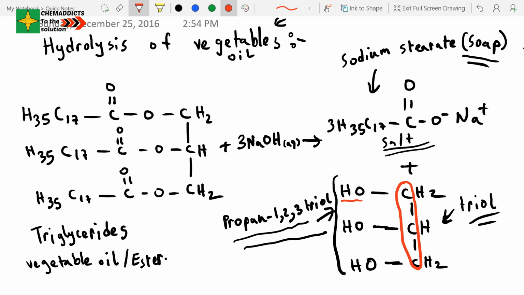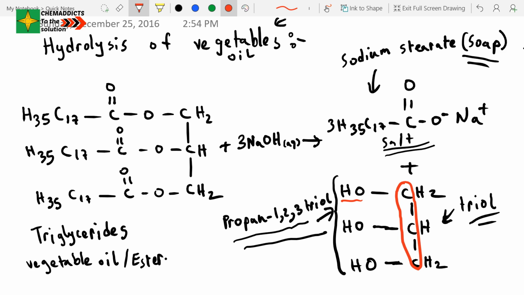I hope you have understood how this should be the product. Since they have asked us about the name of the alcohol that is formed here, we will only bother about this alcohol, this triol, not this salt.